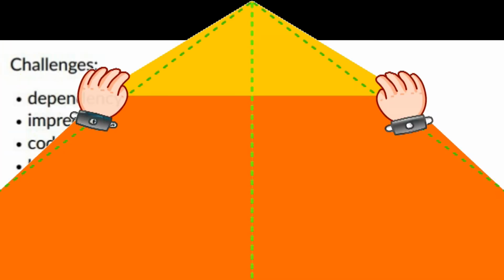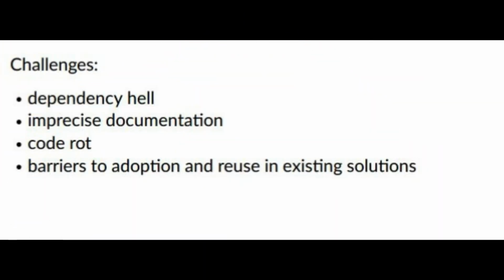So the general challenge that we encounter while coding is that there are four problems. One is dependency hell, which means that software packages keep on depending on different versions of different software packages, and that's why it becomes impossible, or at least very difficult, to update the application.